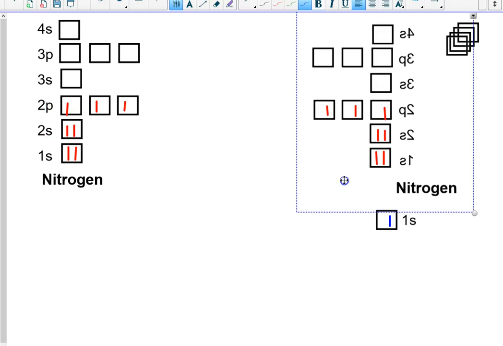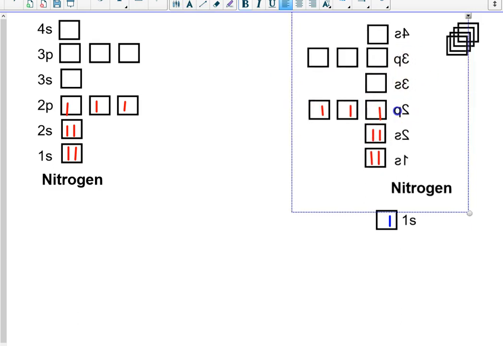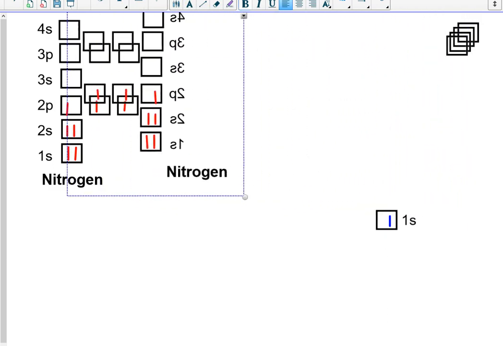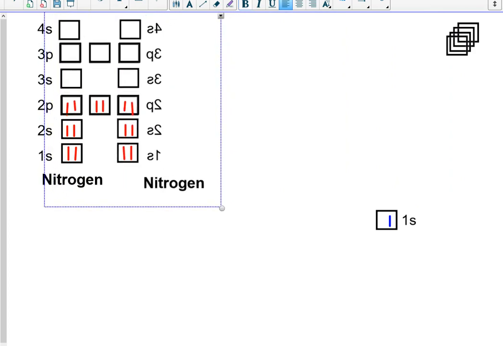Okay. Now, nitrogen is diatomic. We know that, correct? All right, so nitrogen here, this is just flipped, but it's the same thing. Nitrogen will just overlap with another nitrogen, and they form a bond. How cool is that?